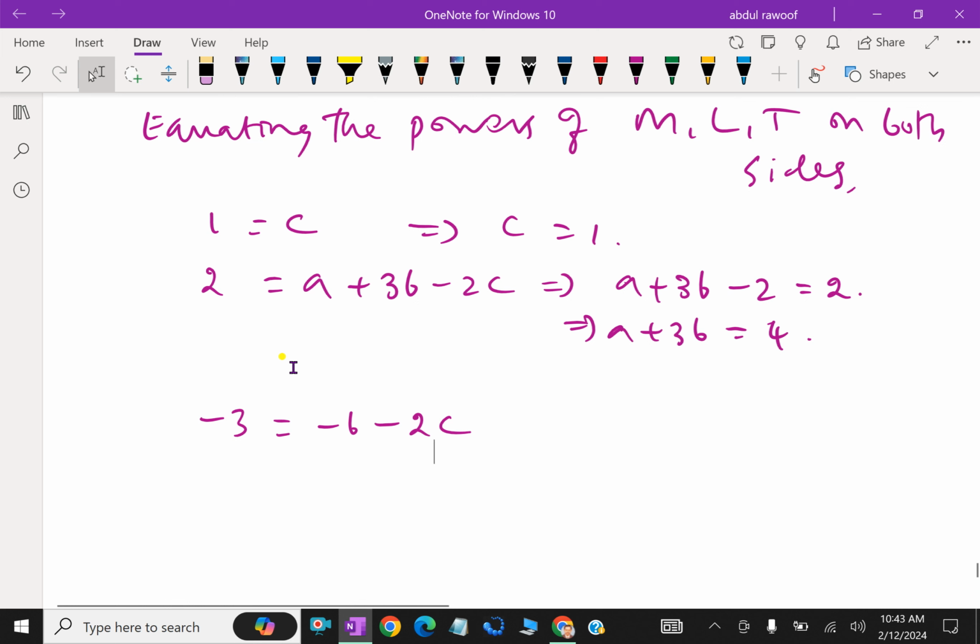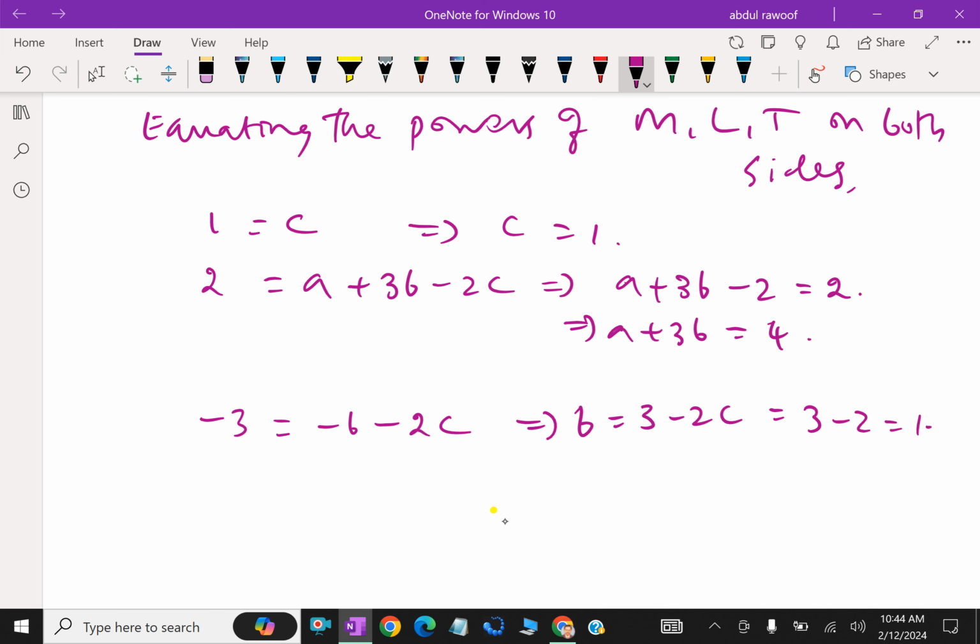Minus 3 equal to minus b minus 2c, which gives b equal to 3 minus 2c, which is equal to 3 minus 2, which is equal to 1.